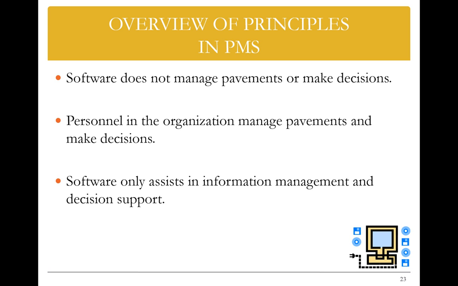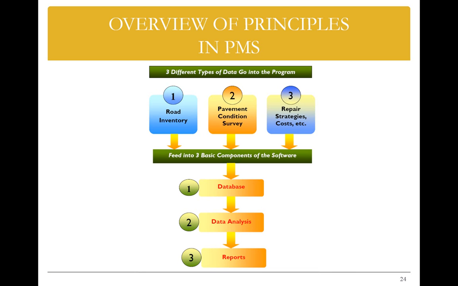To give you a clear understanding of what's going on here, we can see this flow chart. Here we have 3 different types of data going into the program. The very first thing is the road inventory, and I think I'm repeating myself a little bit, but it's good to stress that we have to get some general information about the road, and mainly the pavement condition survey: how the pavement is doing and what distresses are observed on the streets, including for example fatigue, rutting, thermal cracking, and so on and so forth.